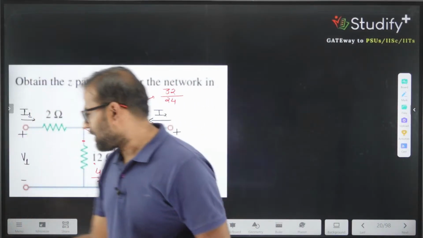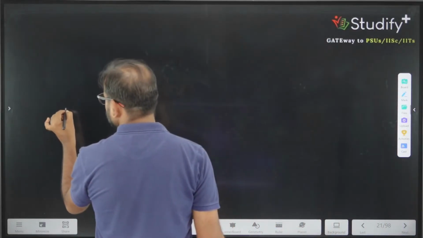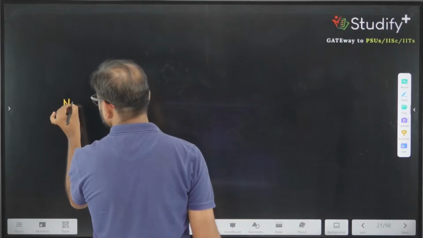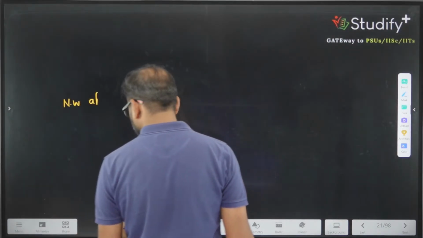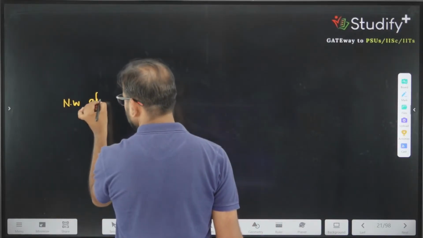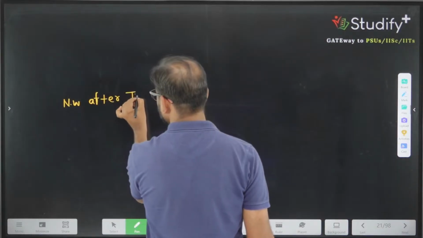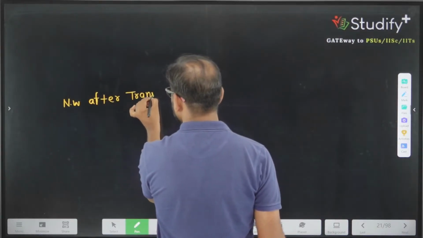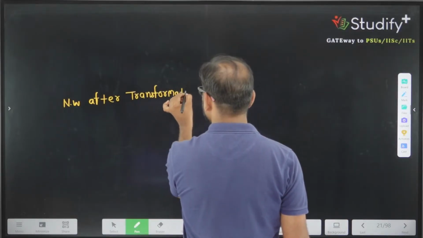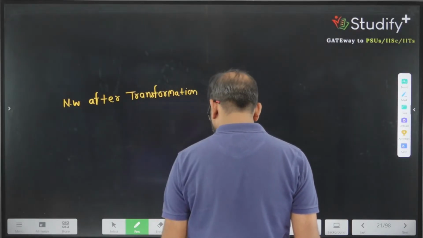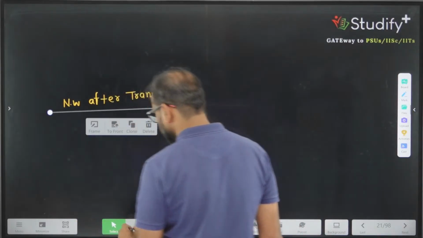The network after transformation looks like this.